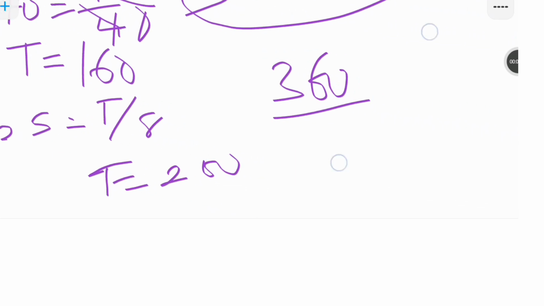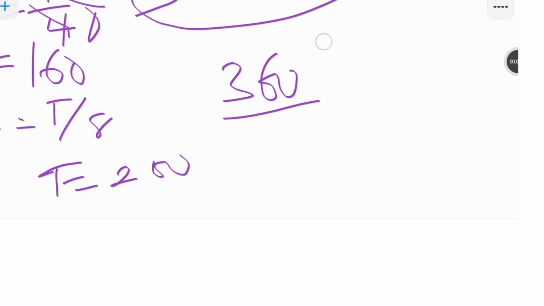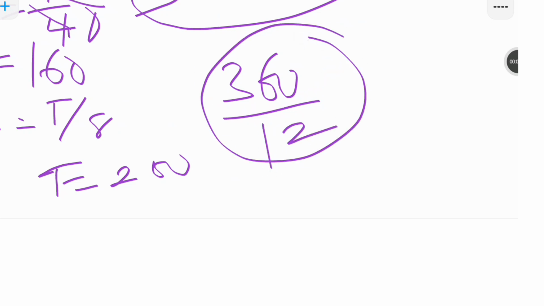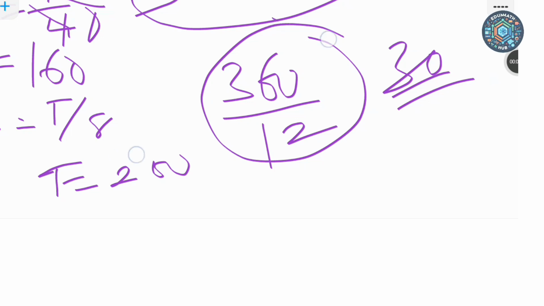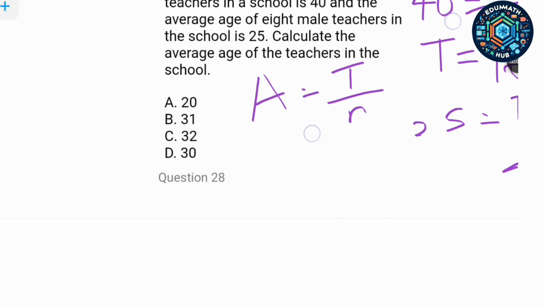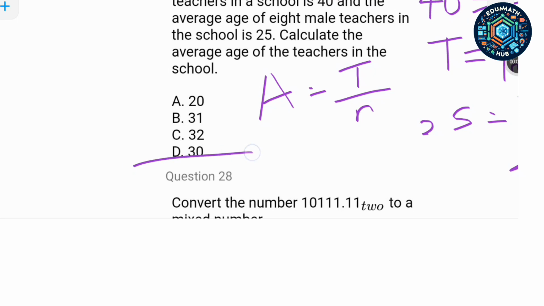So you are going to divide the total of their ages, 160 plus 200, which is 360, by 12. That will be the average of all the teachers in the school. So 360 over 12 does give you 30. That means the average age of all the teachers is 30. So that's 30 there.